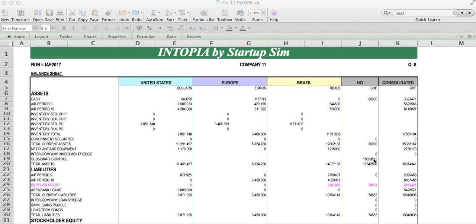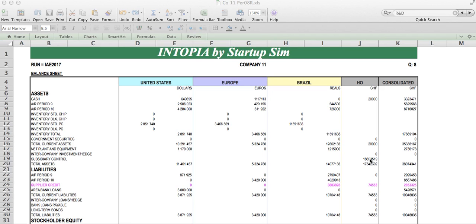Now, what is subsidiary control? Subsidiary control is the value of the investment made by the Home Office into the different subsidiaries. When I set up operation in the US, I send money so that the subsidiary there can buy inventory, a factory, sales offices, whatever.